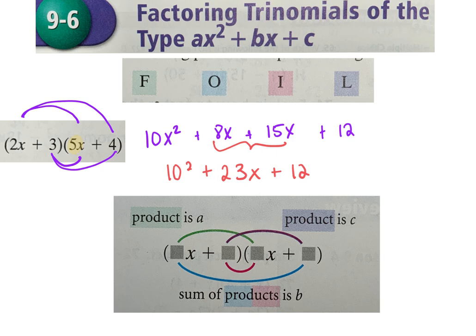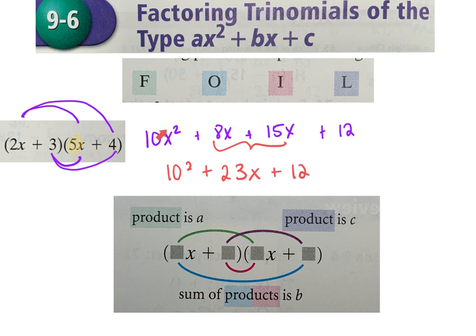The first term also affects your middle term, okay? And so there's two ways to do these, and I'm going to do them both ways so that you can see both methods. Product A, product is A, product is C. So what they're telling you is this is a product and this is a product, right? But this right here is the sum of the products.